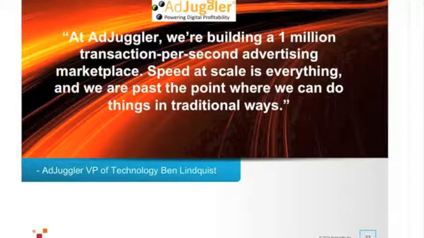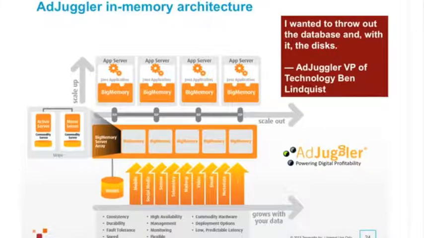In the words of Ben Lindquist, their VP of Technology, they have scaled past the point where they can use a traditional RDBMS as their business object store. They even need to go beyond moving a database into RAM and go directly to a platform for managing a large number of objects in memory.